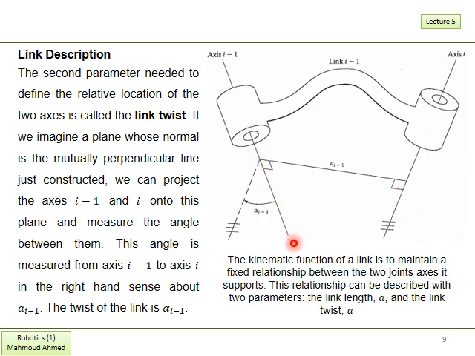The projection of this line is this dash line, and we measure the angle between them, which is the angle between the axis I-1 to the axis parallel to the axis I. So this dash line represents axis I, which is parallel to it, and we measure the angle alpha(I-1), which is the angle between the axis I-1 and axis I represented in this dash line.